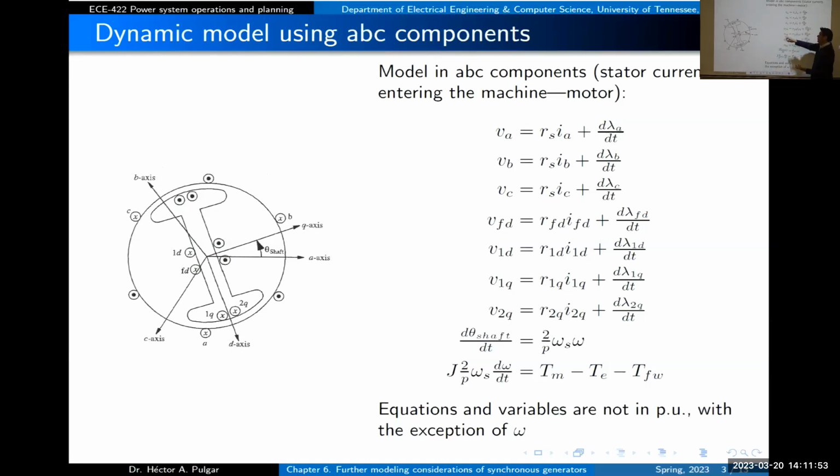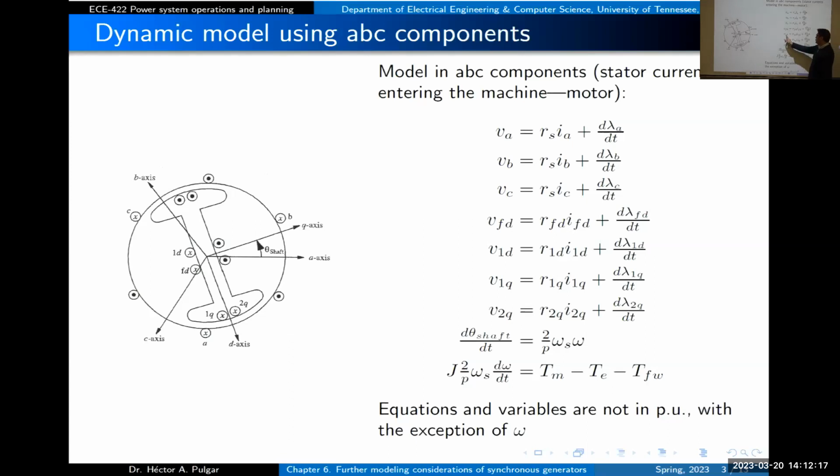So you will have that voltage, and that will create some current going through that winding. Therefore, this voltage will be equal to the voltage drop because of the resistance plus the induced voltage in that winding. And again, very similar. This is Faraday's law. And the same thing for the 3 dampers, similar equation.